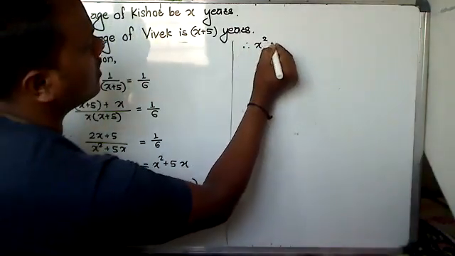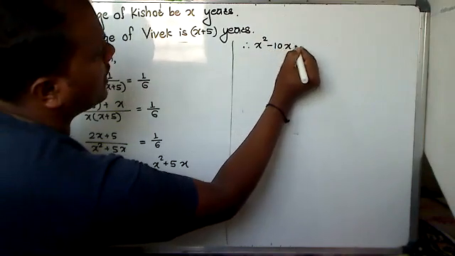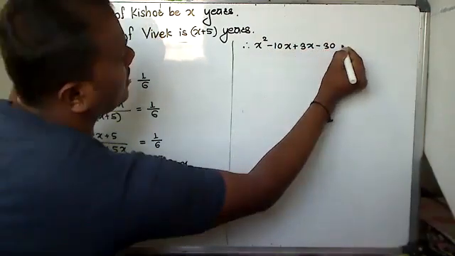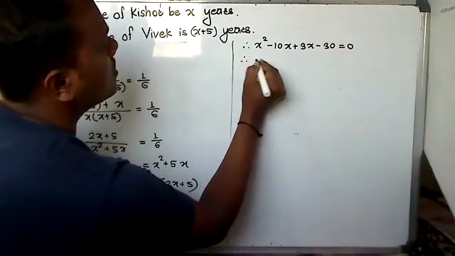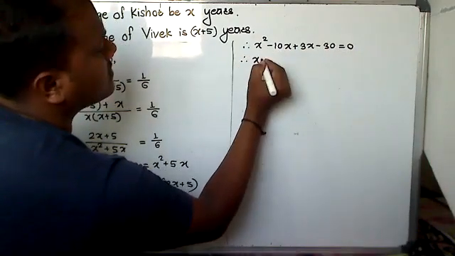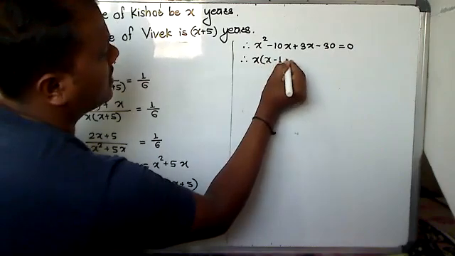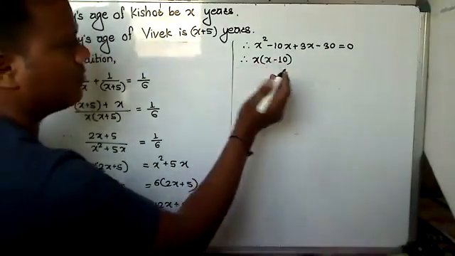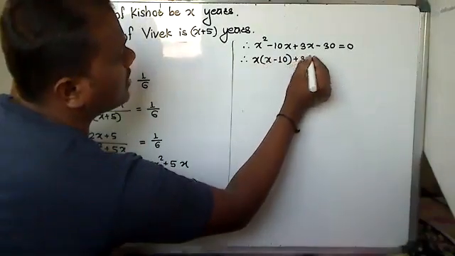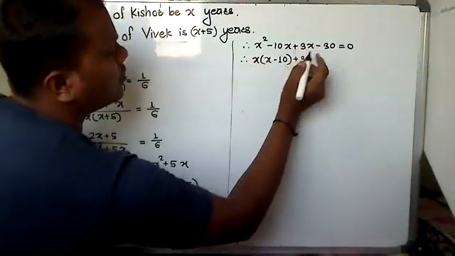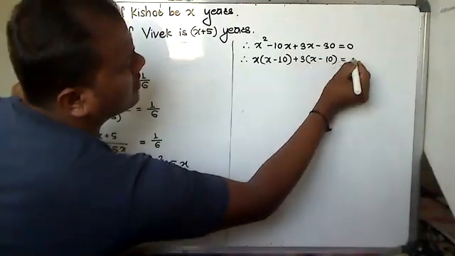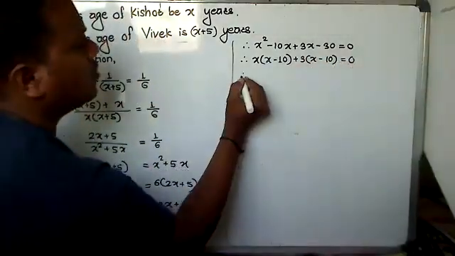Therefore x square minus 10x plus 3x minus 30 is equal to 0. Taking x common from the first two terms, x in bracket x minus 10, and taking 3 common from the last two terms, x minus 10 is equal to 0 again.